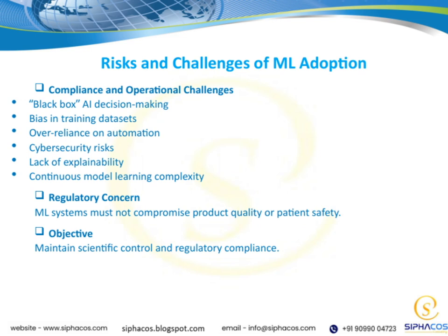Cybersecurity risks are increasingly prominent as well. As we integrate more ML systems, they become potential targets for malicious attacks that could compromise sensitive information or disrupt operations. Furthermore, continuous model learning adds layers of complexity. Models that adapt and learn over time need to be carefully monitored to prevent drift or unintended behaviors.